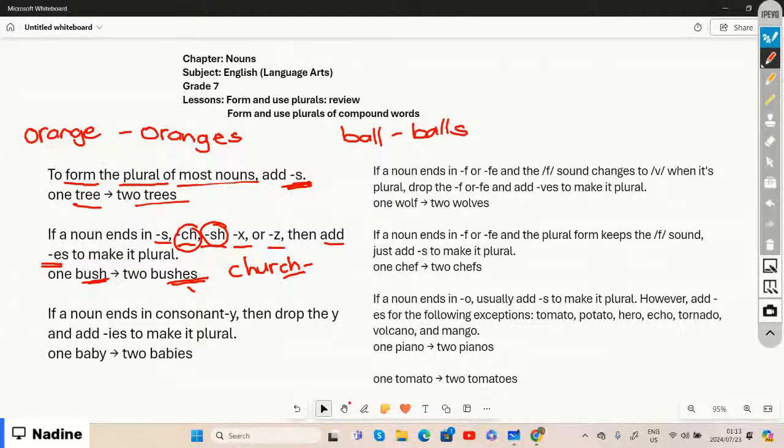So, for example, if we have one church, then it's church. If it's more than one church, then we say church, es, so churches.